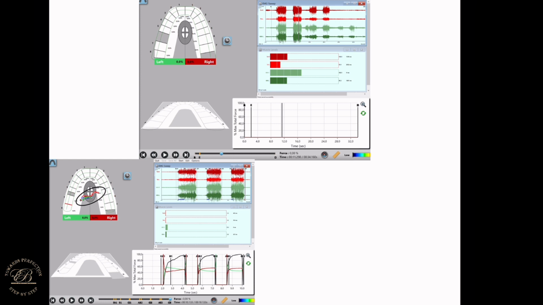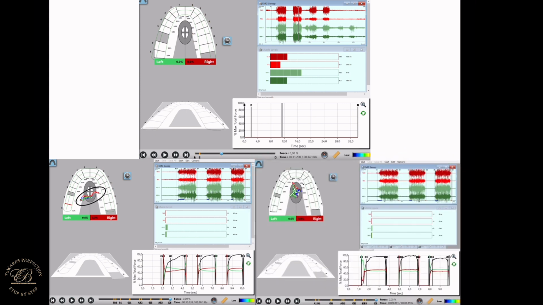When we compare that to when we did the treatment, you will be able to see that it's now a lot more centered. The balance forces is in the middle, not switching from one side to another, and it's close to the gray cross there in the center. So that's what we're looking for.